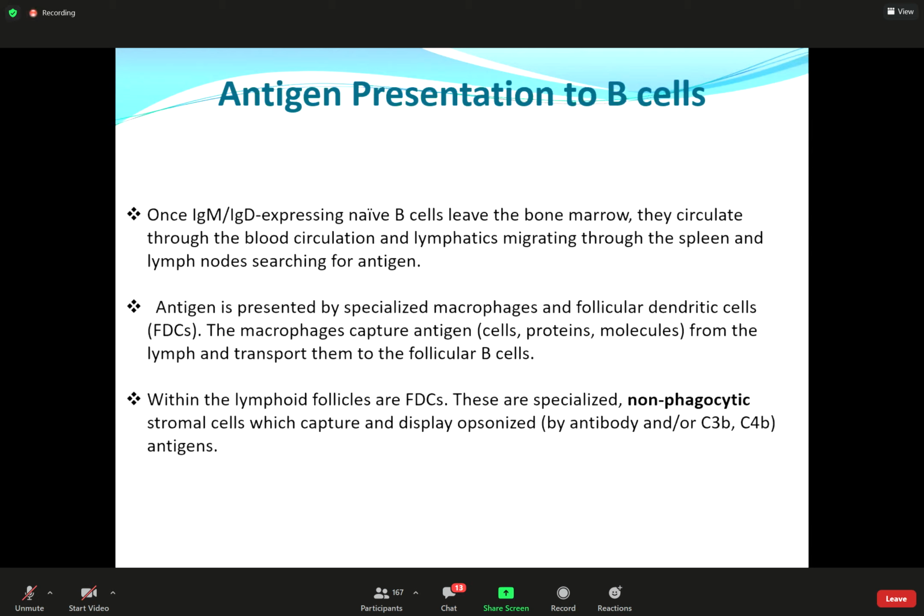So basically, if you have, for instance, a bacterial cell that gets tagged by the antibodies or complement within the blood or within tissue, they will get picked up by these follicular dendritic cells within the lymph nodes and then presented or seen by the B cells through the B cell receptor, which will induce them to make antibodies.